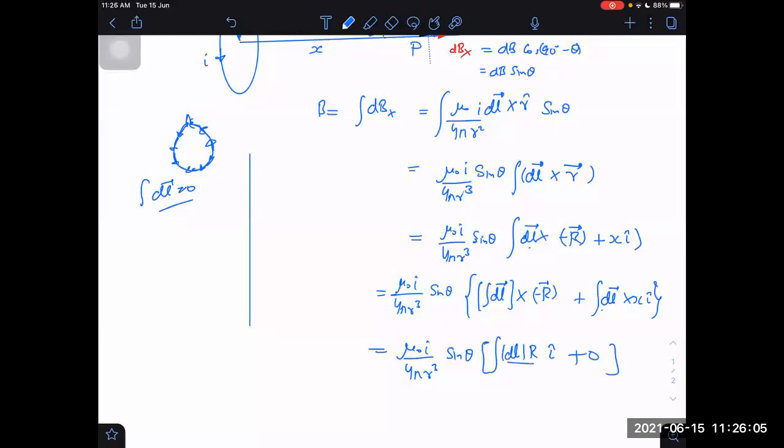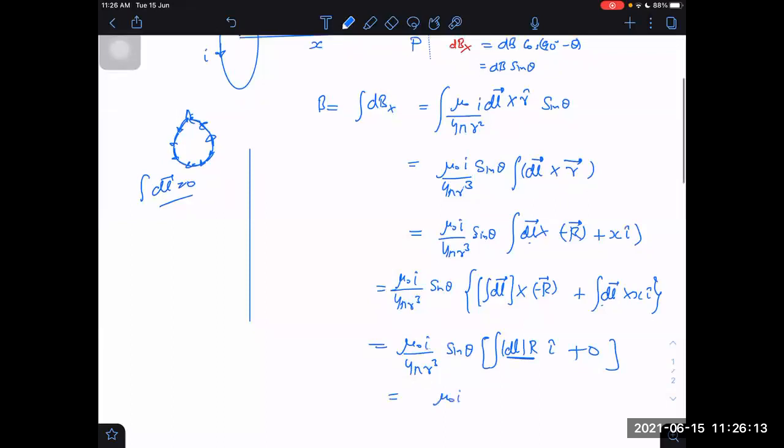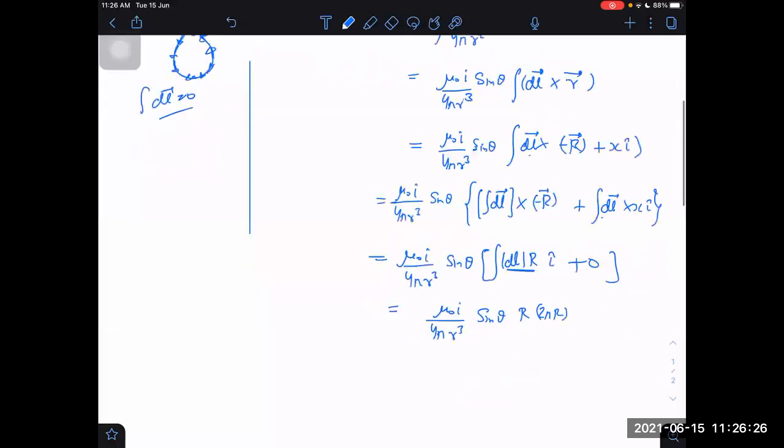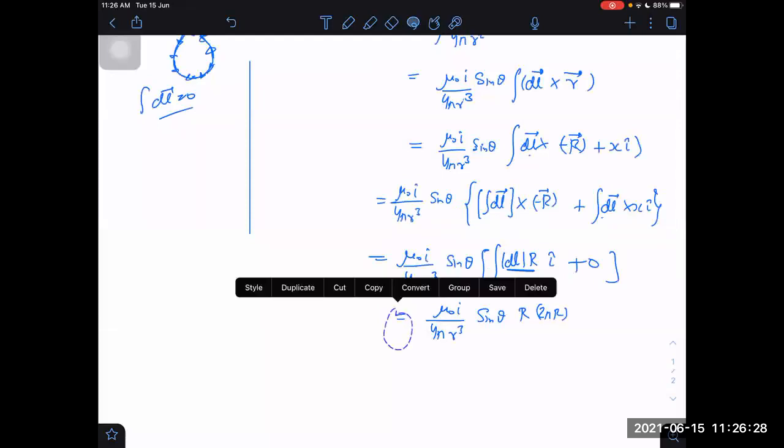Magnitude wise dl into R, but direction wise it is along i cap. Plus 0. So we are finally getting mu naught into I upon 4 pi R cube into sine theta into R into what is the net length factor? Net length will be 2 pi R. Now we can take 2 pi R because it is magnitude.